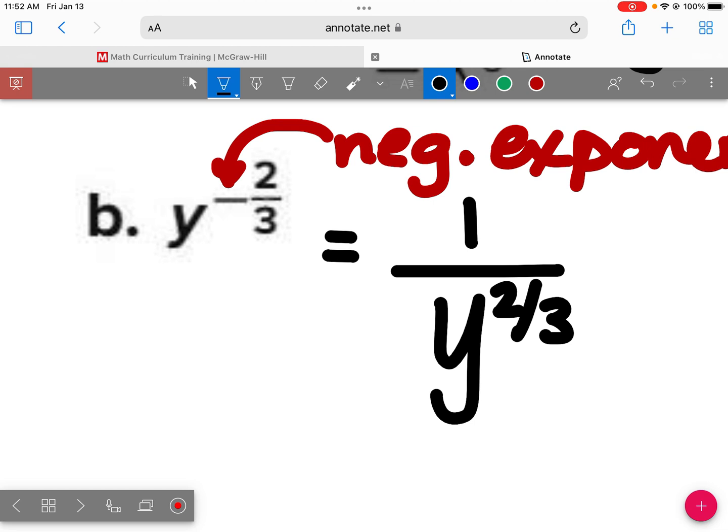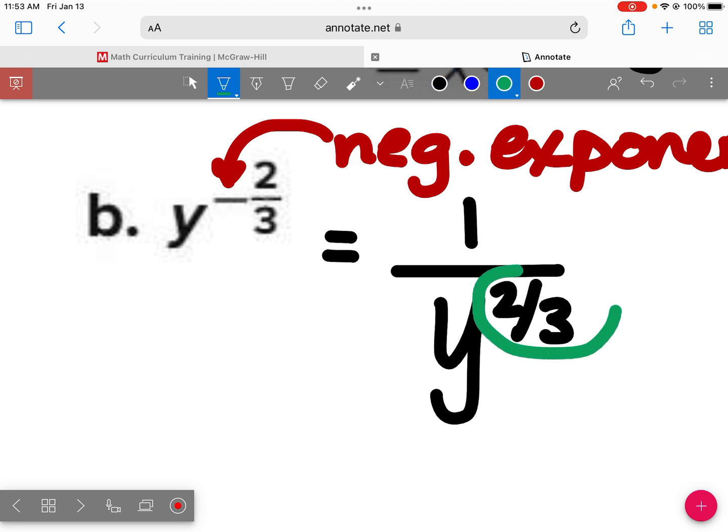Now here's the thing about exponents and radicals too. I don't want radicals. I don't want exponents that have denominators on the bottom of a fraction. So I need to make that fraction a whole number.